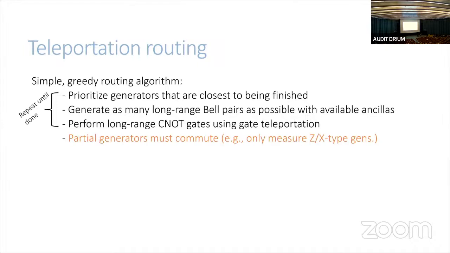Essentially what we do is we go through a list of generators, we start generating Bell pairs, we start doing our long range CNOT gates through gate teleportation, and we just keep going through the list of generators until we're done, by prioritizing generators that are almost done. This algorithm really only works if our partial generators commute, which is the case if we say only measure the Z type or only measure the X type at a time.